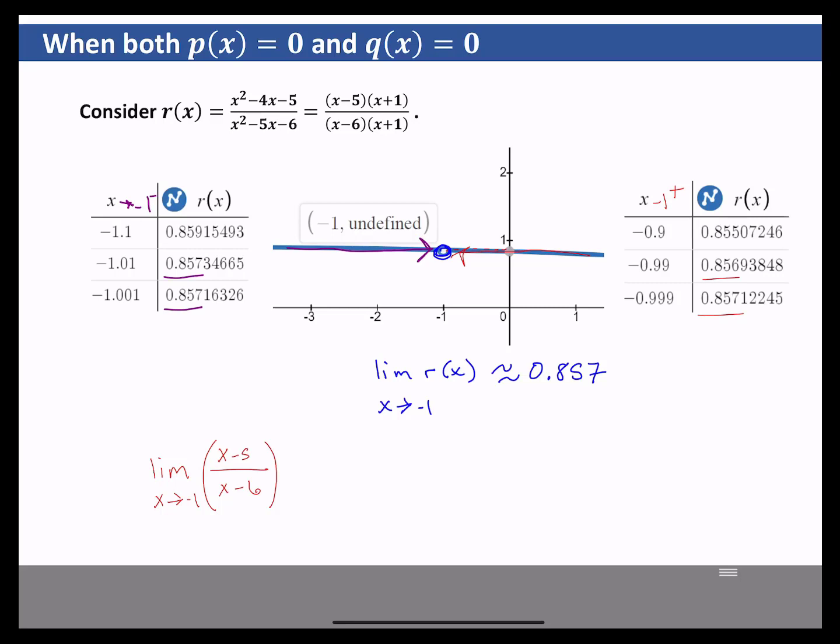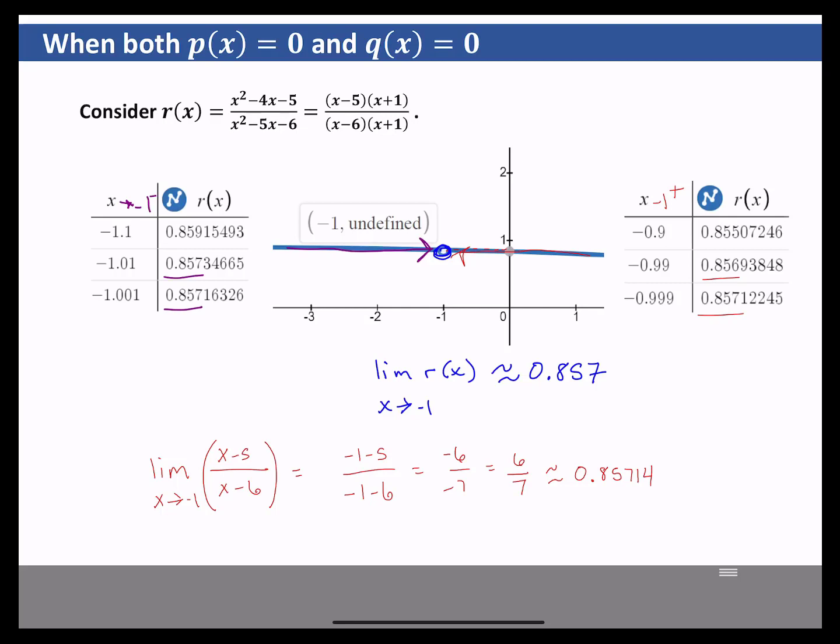But by canceling out that common factor, we can actually evaluate this limit, because we can now let x equal negative 1, so we'd get negative 1 minus 5 over negative 1 minus 6, which equals 6/7. And using a computational device, 6/7 is approximately 0.85714, which is about the same value we saw in the tables as x approached negative 1.